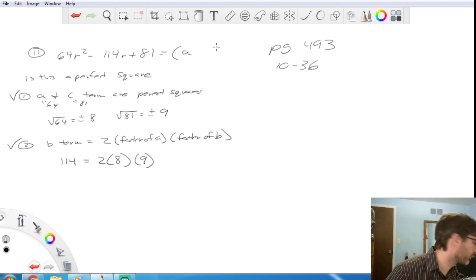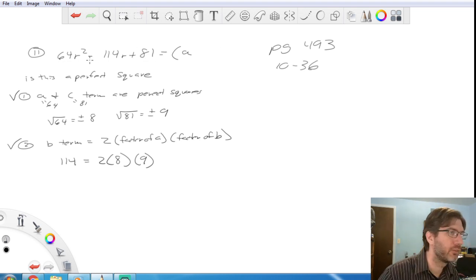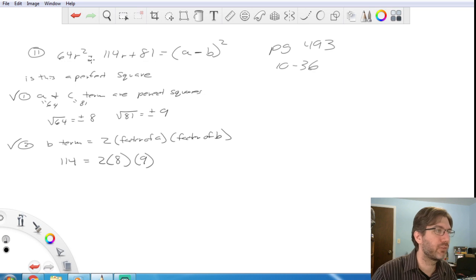Hold on, let me look it up. This is negative, so this is going to be negative b squared. So that's what you want. If this was positive, then that would be a plus sign. But here, our a value is going to be squared. So here we're going to take the square root of it, so that's going to be 8.